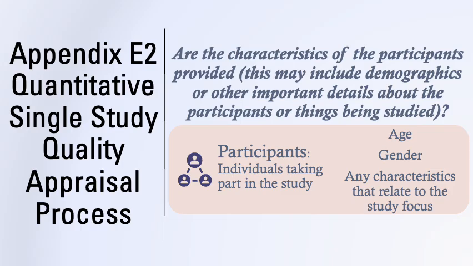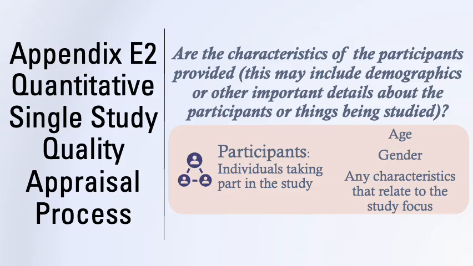The second quality appraisal question for the results and findings section of a quantitative study asks, are the characteristics of participants provided? This may include demographics or other important details about the participants or things being studied. Participants are the individuals taking part in the study.